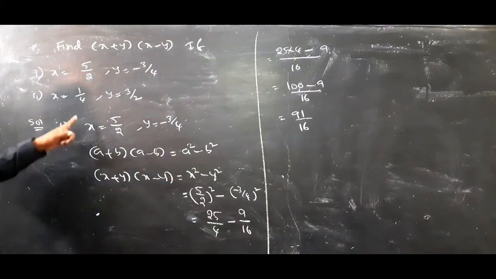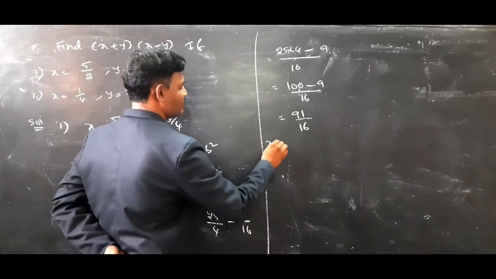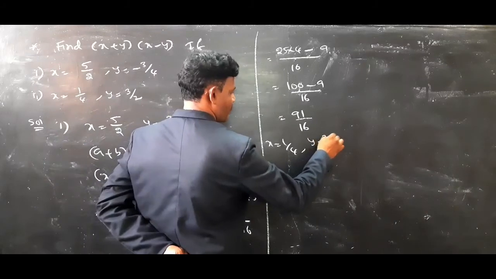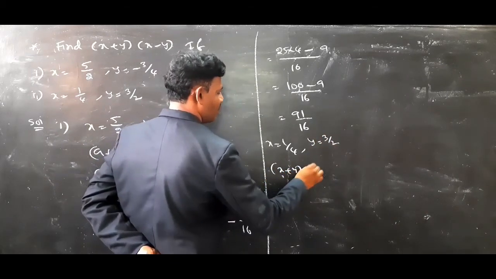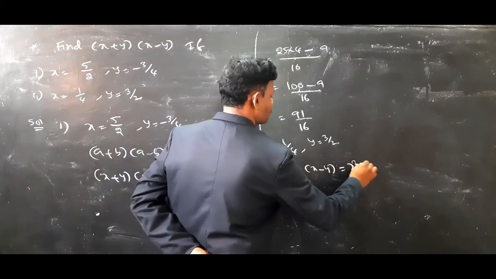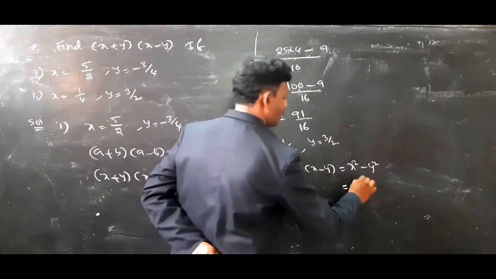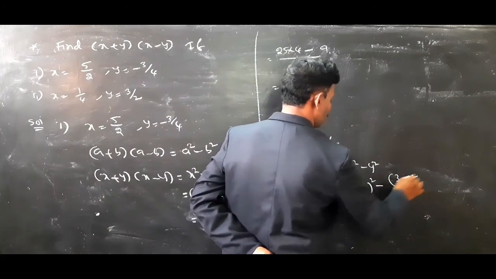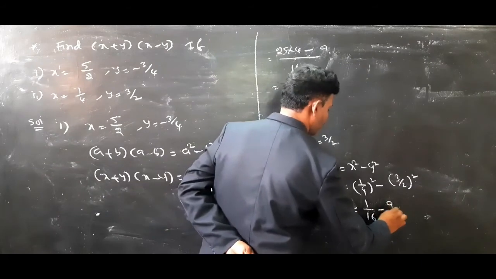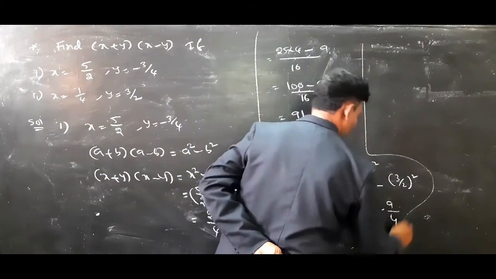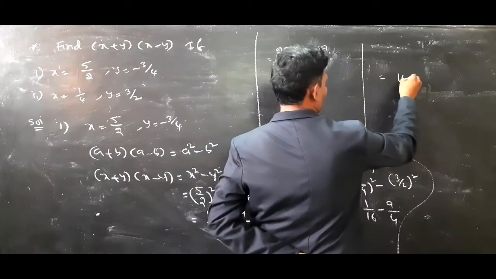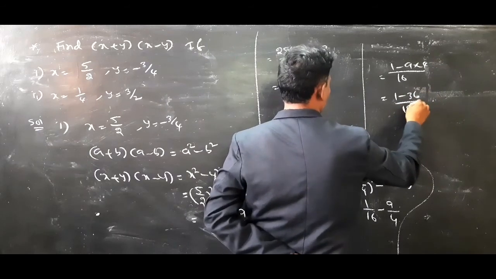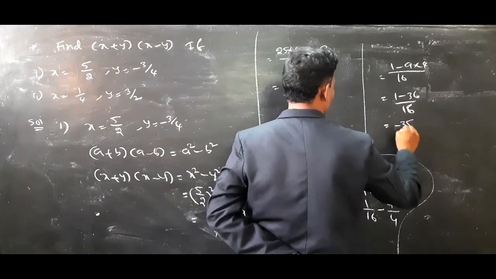So in the second case, what is the value of x? x is equal to 1/4 and y is equal to 3/2. So (x + y)(x − y) is equal to x square minus y square. x square means (1/4) whole square, y square means (3/2) whole square, that is 1/16 minus 9/4. The LCM of both is 16. 1 minus 9 into 4 is 1 minus 36 by 16, which is −35/16.